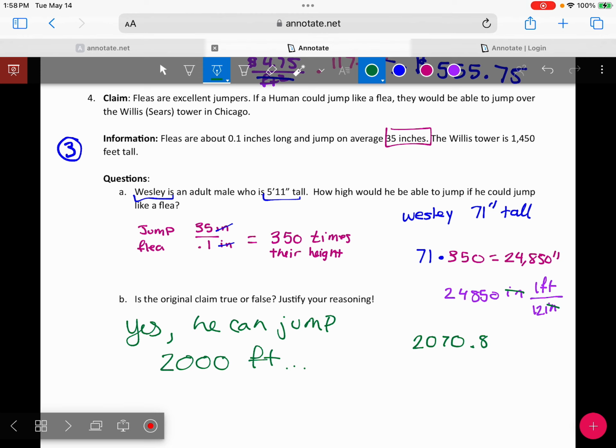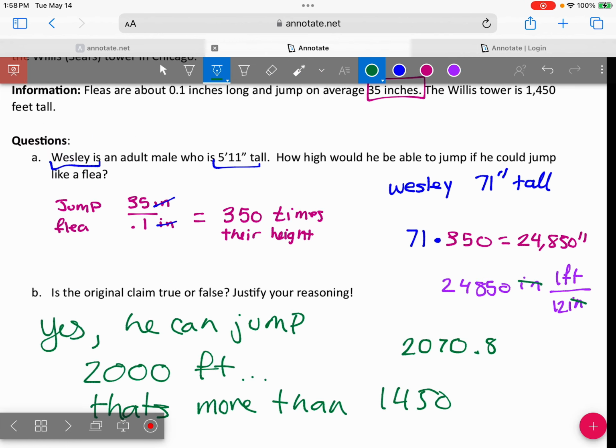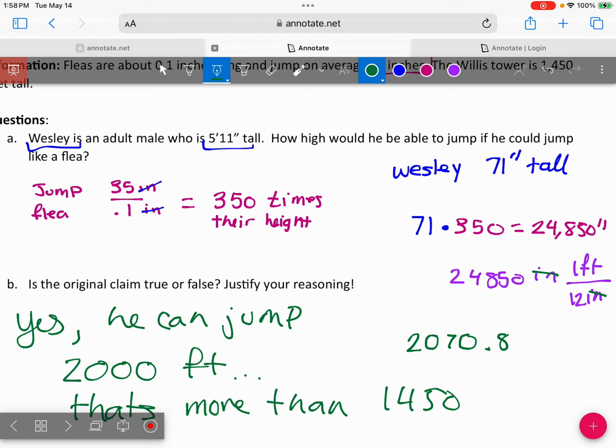That's more than 1,000, or more than 1,450. And he would even have a lot of wiggle room. He'd have like 500 feet.